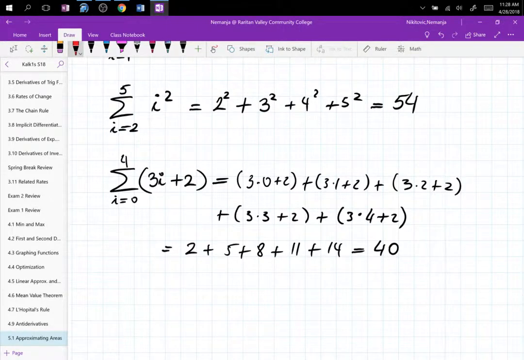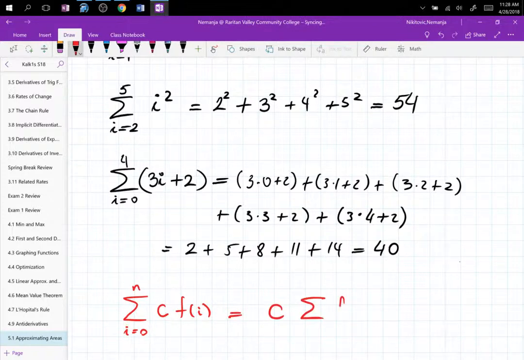So if you have a constant in the sum, you can kick that constant outside. See, the function is in terms of i, just like it was here.